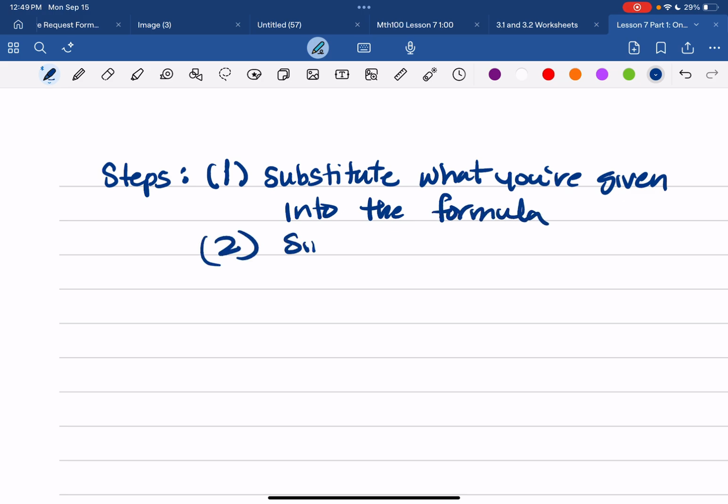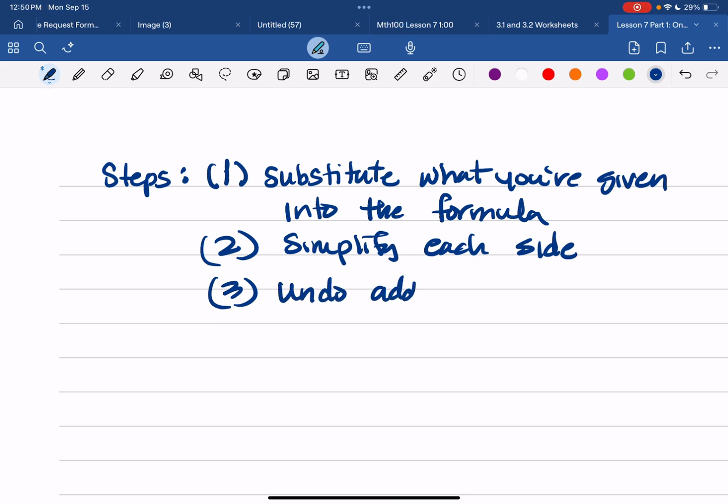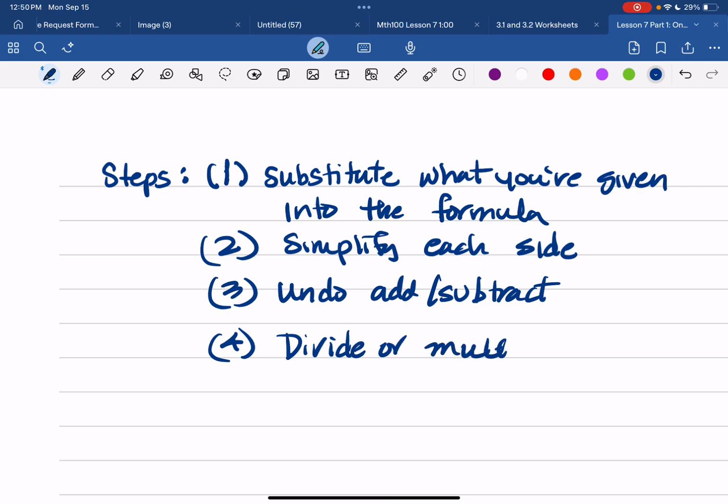Simplify each side. And then undo, add or subtract. Remember, you're working away from the variable. And then the last thing you do is divide or multiply. Whatever you have that you need to do.